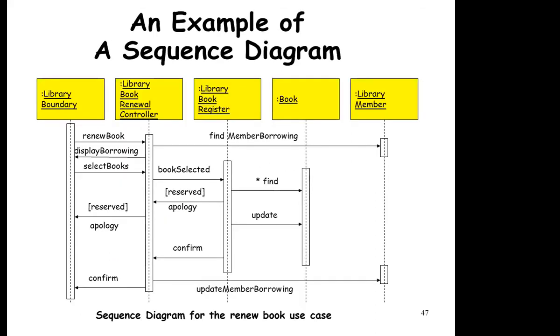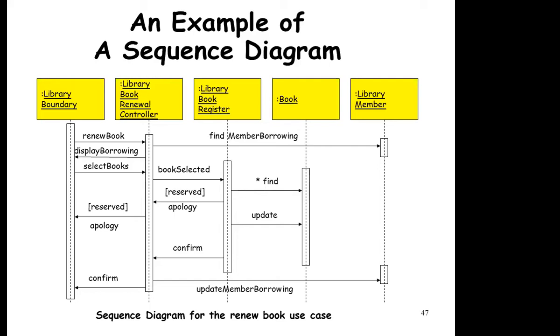As an example of a sequence diagram, just see. There is the library boundary. Objects are shown at the very top. Then the library book renewal controller, library book register, then book, then member. These are different types of objects in a library information system. There are vertical rectangles showing which object is active when.